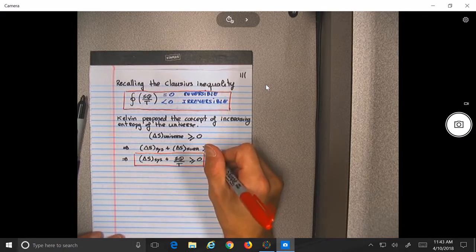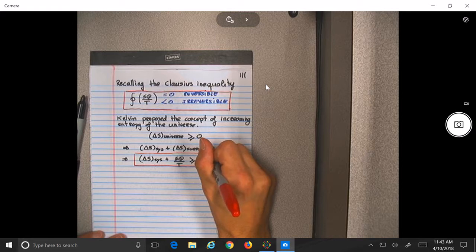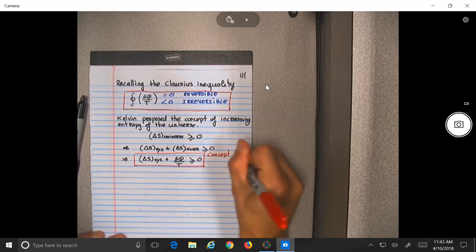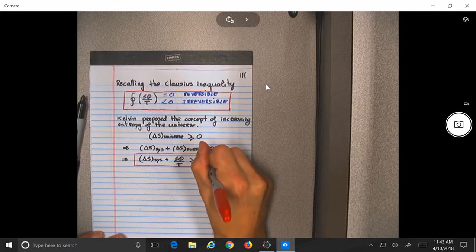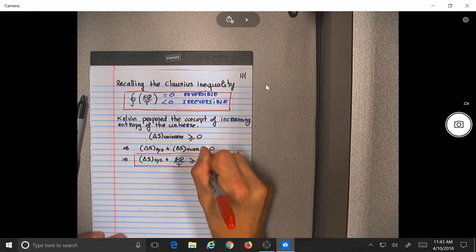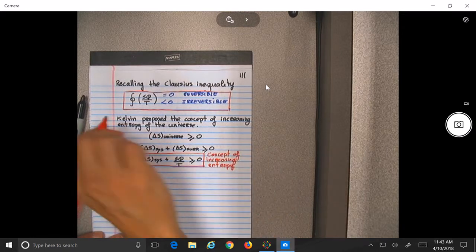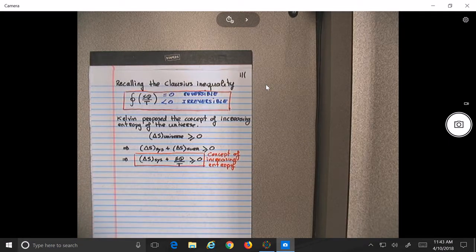Okay, so this is the concept of increasing entropy of the universe.